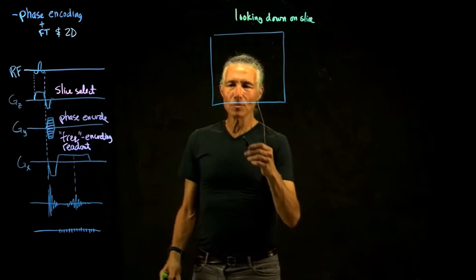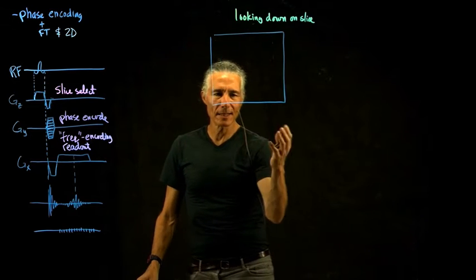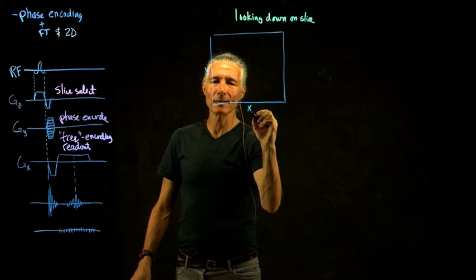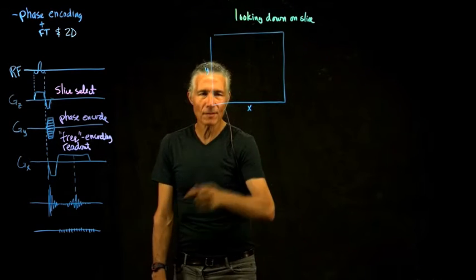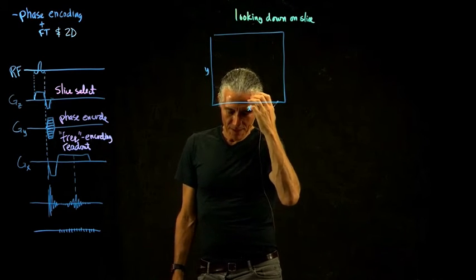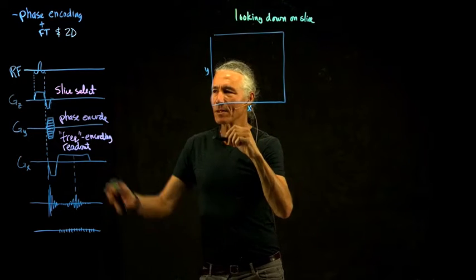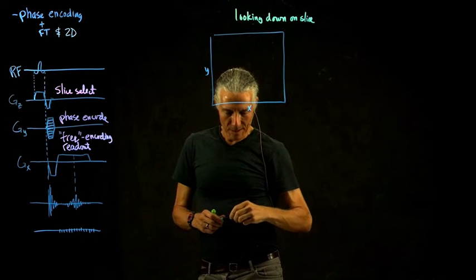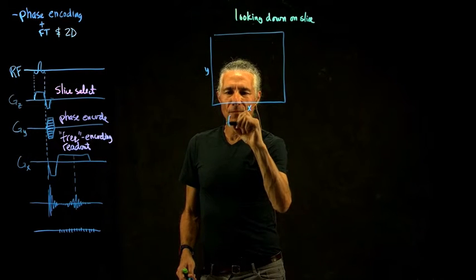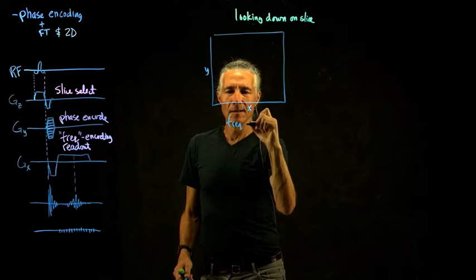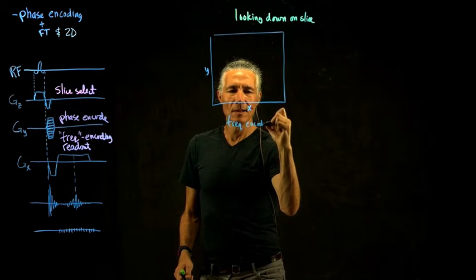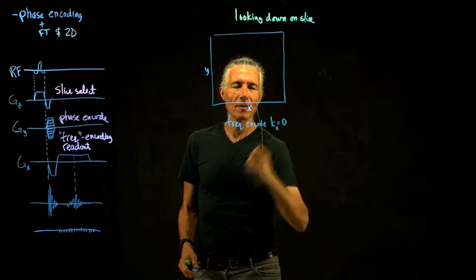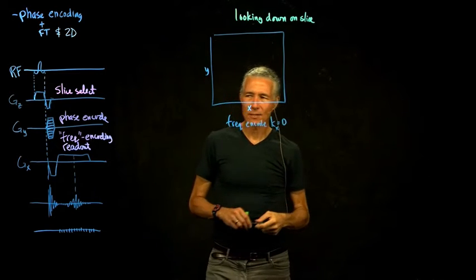So let's assume this is the X direction, and the Y direction, the actual real X and Y in space. This is the frequency encoding direction, and we haven't turned the frequency encoding on. So at this point in time, Kx equals 0. The spatial frequency in the X direction is 0.